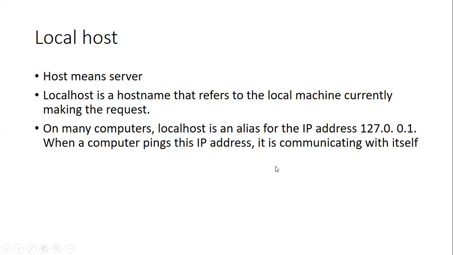As we told earlier, for any communication or data transfer, we actually use an IP address. So instead of typing this IP address, we use an alias name for it, that is localhost. When a computer pings this IP address, it is actually communicating with itself. So when you type localhost, it is communicating the data within itself. So this is basically about localhost.